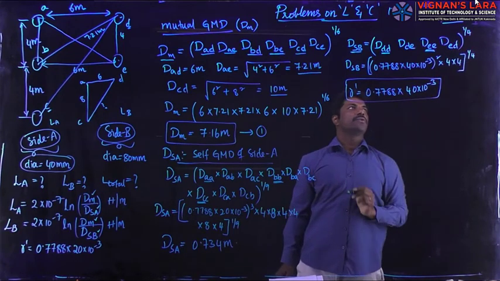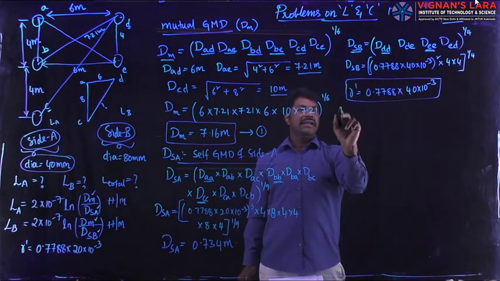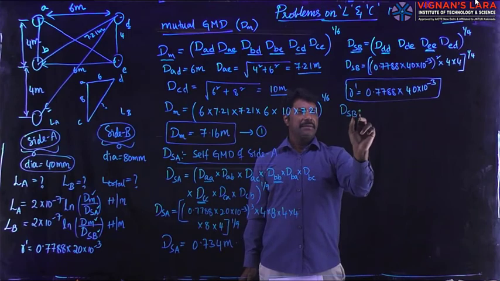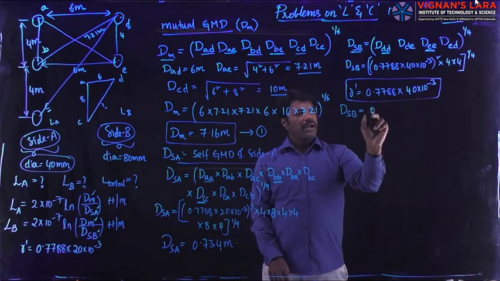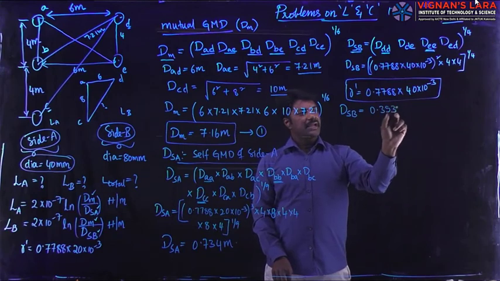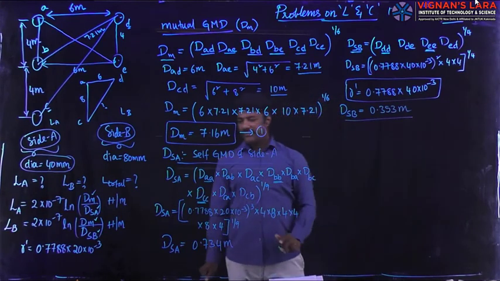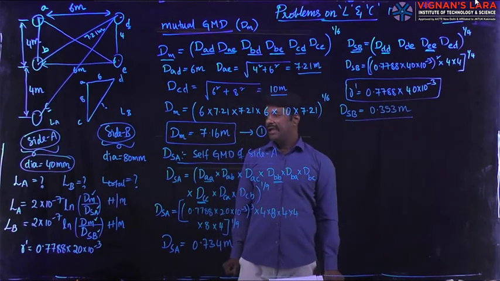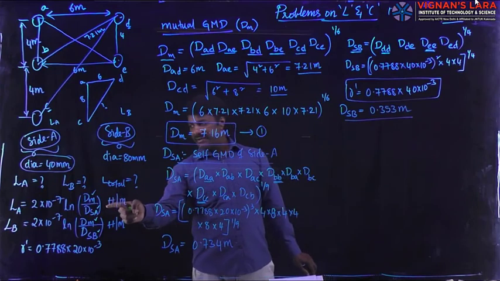Previously also we had to put that as 1 by 3. So substituting all these values, you will get the self GMD of side B as DSB, which is equal to 0.353 meters.